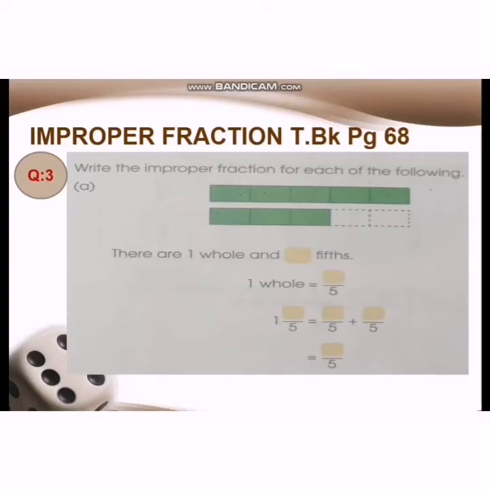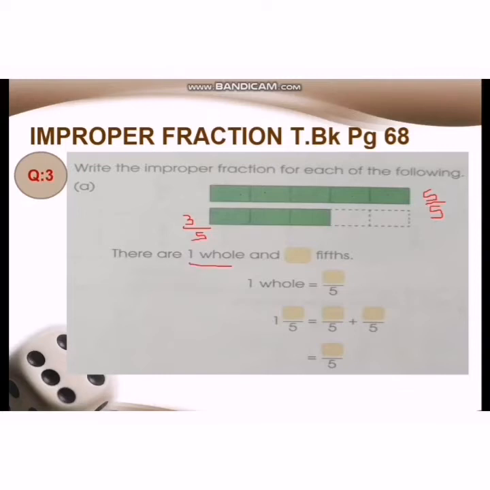In the first figure, this is 1 whole, or in fraction, its fraction is 5 by 5. Now the second figure, we have 3 parts shaded. The fraction of the second figure is 3 by 5.